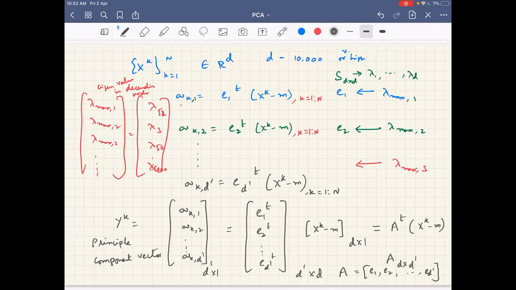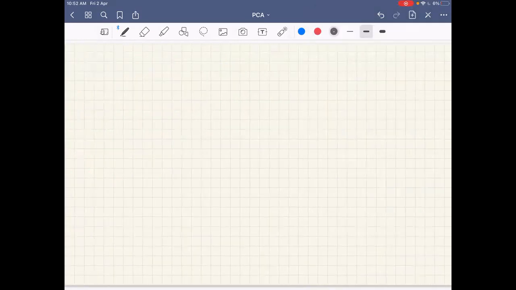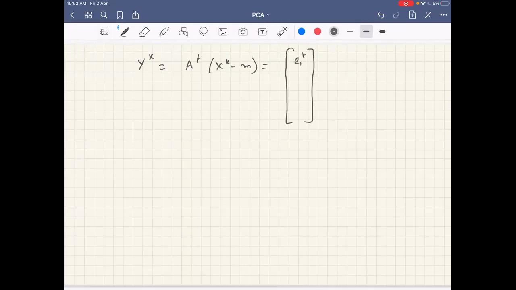Now let us see, in an extreme case, what will happen if we consider D dash to be equal to D. We have seen in the previous expression that y_k is equal to A transpose (x_k minus m), where A transpose is written as E1 transpose, E2 transpose, and so on, up to E D dash transpose, multiplied by (x_k minus m).